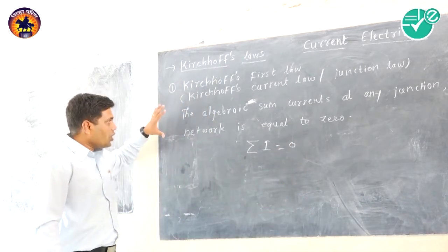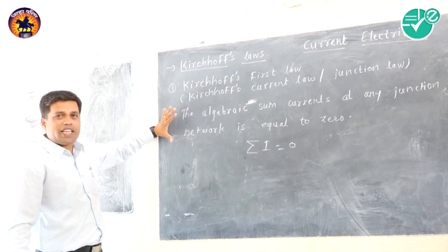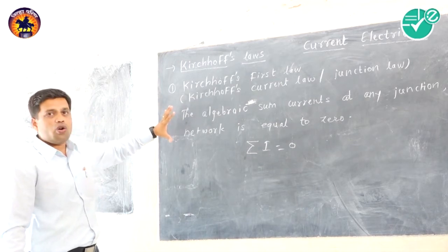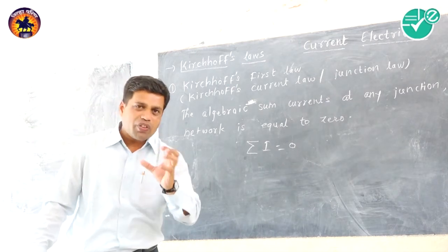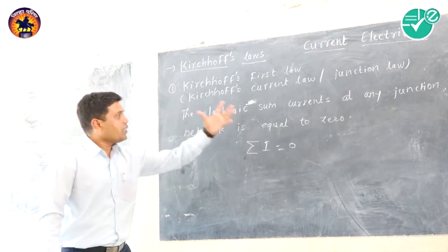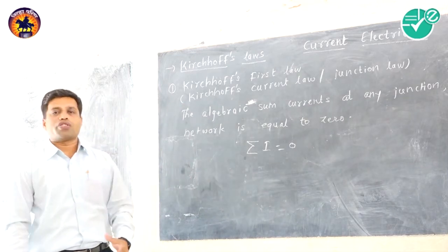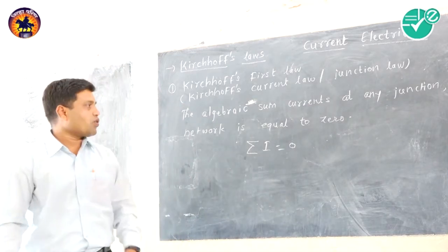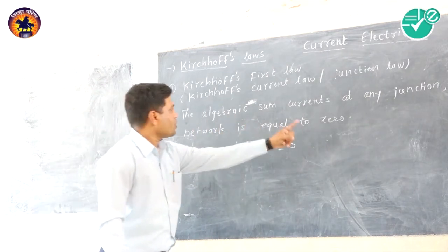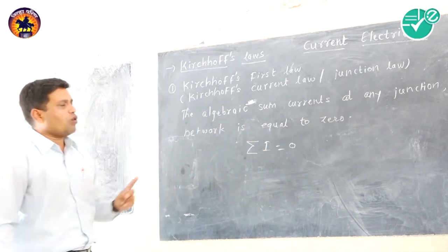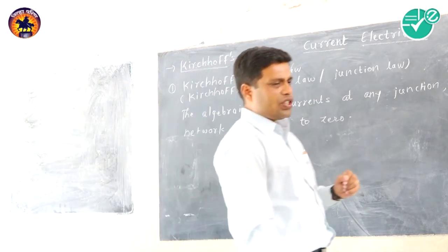Before taking one example to understand this law, I will give you some sign convention. With the help of that sign convention, you can apply Kirchhoff's current law or junction law to any electrical network or circuit. So what is the sign convention?